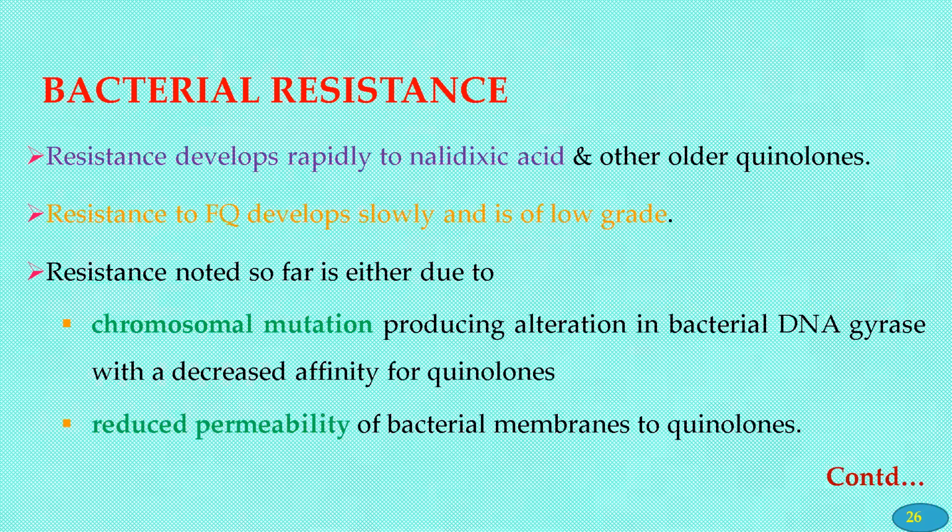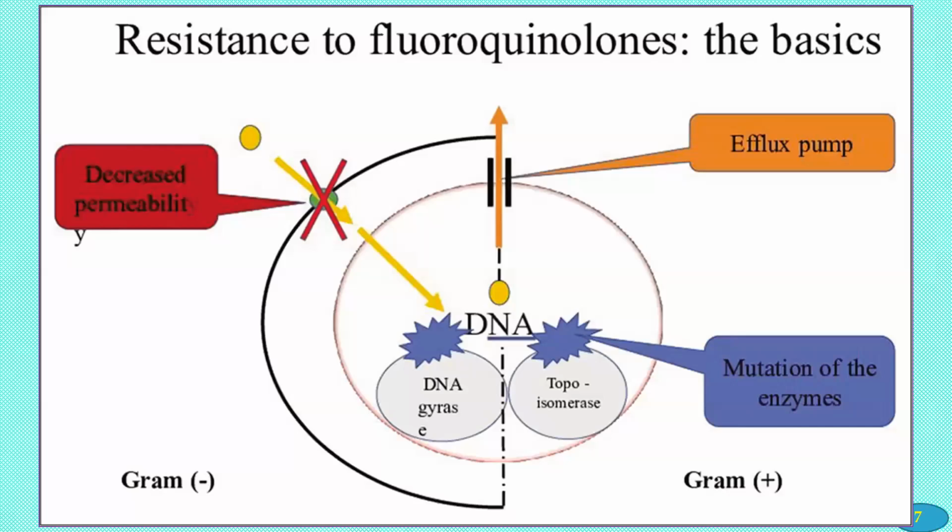There is a change in the DNA gyrase enzyme itself, and the activity will be decreased, and also the affinity to the quinolones is decreased markedly. Reduced permeability is also another factor which causes the bacterial membrane resistance to the fluoroquinolones.